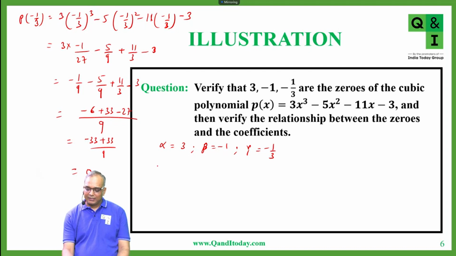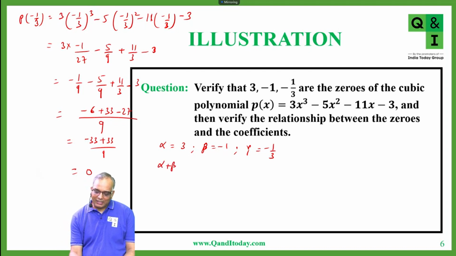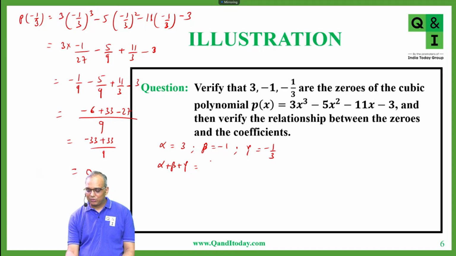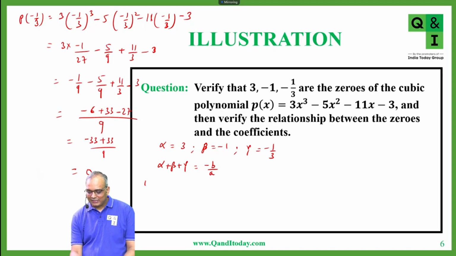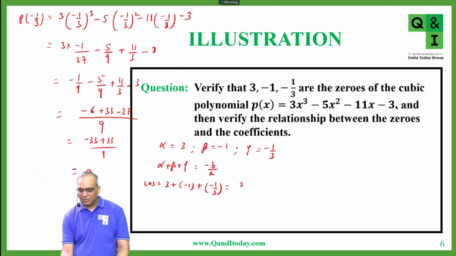Now the sum of the zeros, alpha plus beta plus gamma, has to be equal to minus b by a. Let us check this. LHS will be equal to 3 plus minus 1 plus minus 1 by 3. 3 minus 1 is 2, minus 1 by 3, 6 minus 1 is 5 over 3.